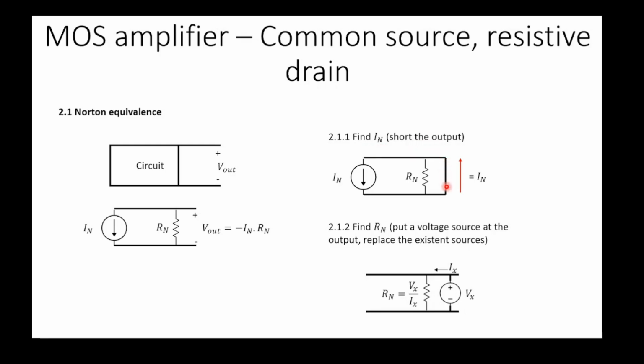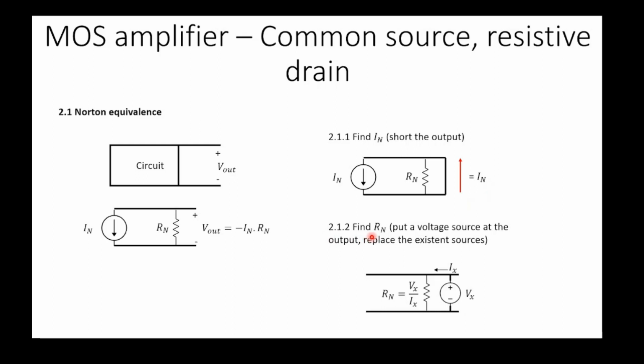If we follow the current, it will go to the short rather than to the resistance, because the short can be thought of as no resistance at all. The current prefers the way where there is the least resistance, which is the wire. And if we measure the current going through the wire here, we get the IN itself.